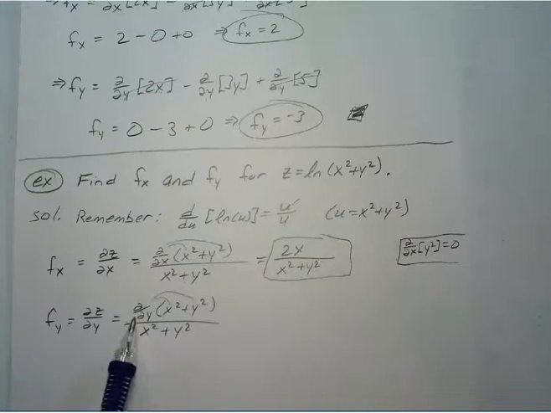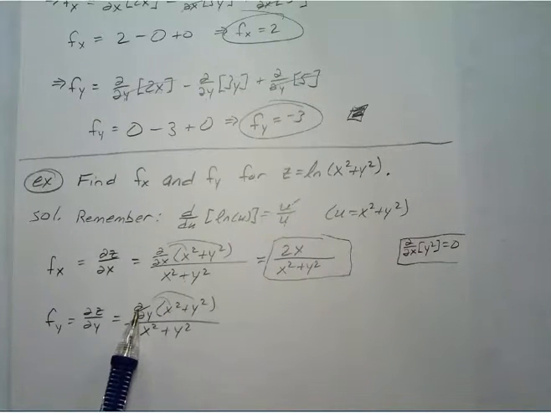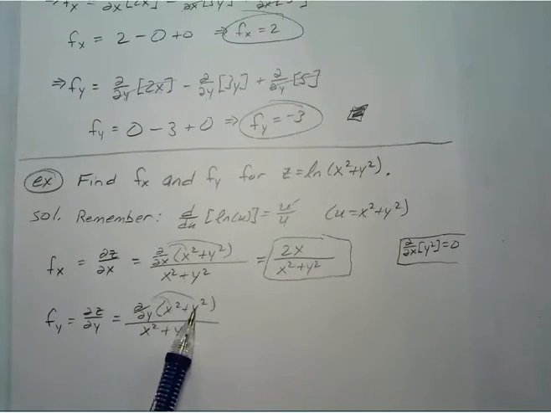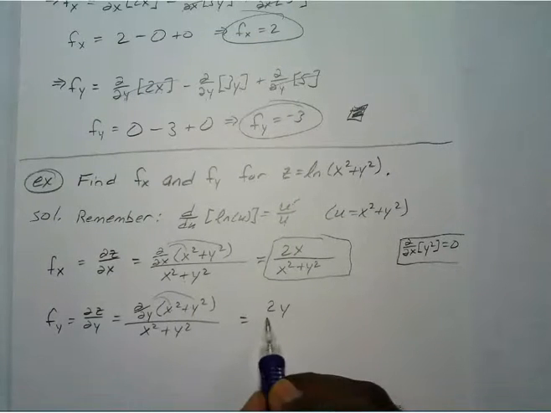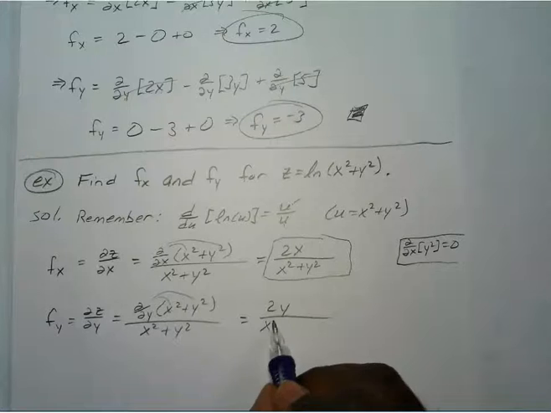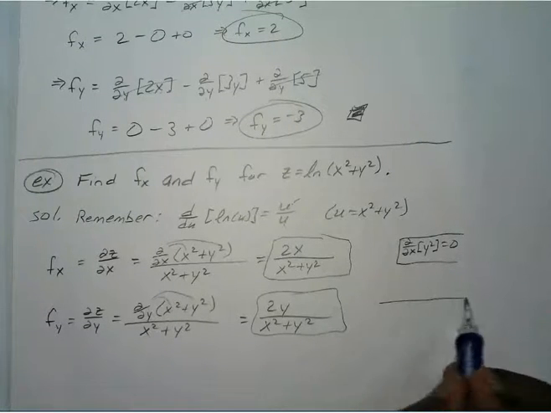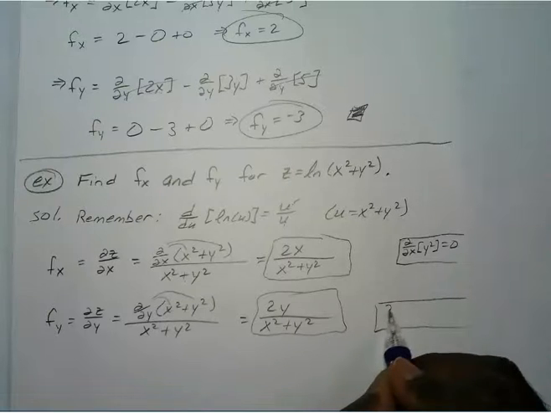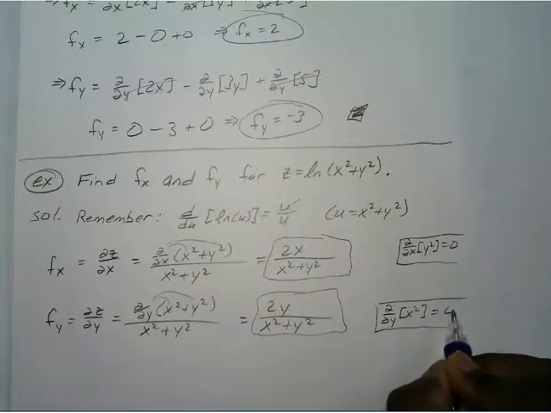Now, the partial derivative of x squared with respect to y, remember, it's looking at the x squared as a constant. So the derivative of a constant is 0, and the partial with respect to y of y squared is 2y. So you have 2y over your x squared plus y squared. And of course, that is because the partial with respect to y of x squared is equal to 0.